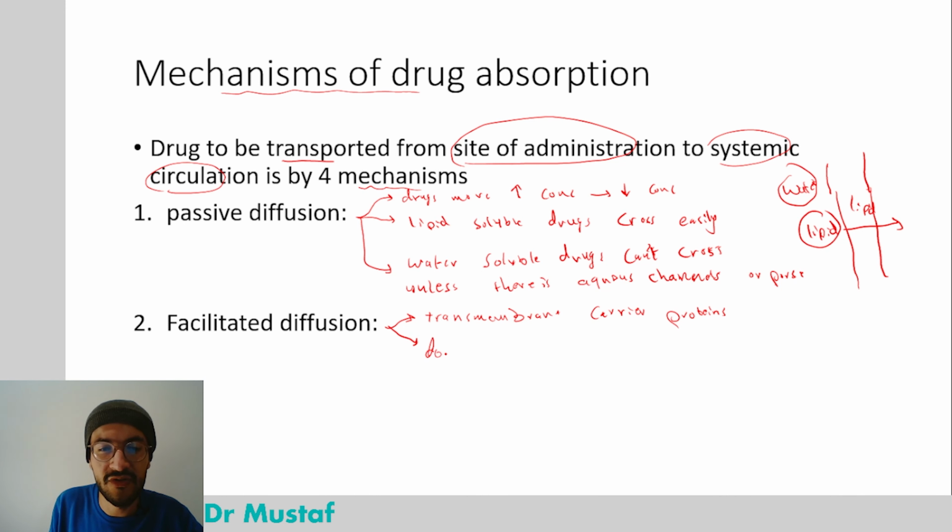So facilitated diffusion doesn't require ATP, and it could be saturated. In comparison, the passive diffusion can't be saturated, but the facilitated diffusion could be saturated.